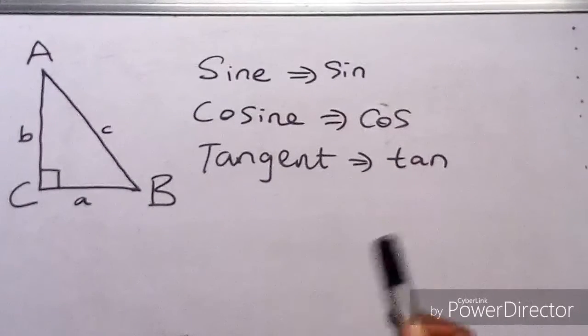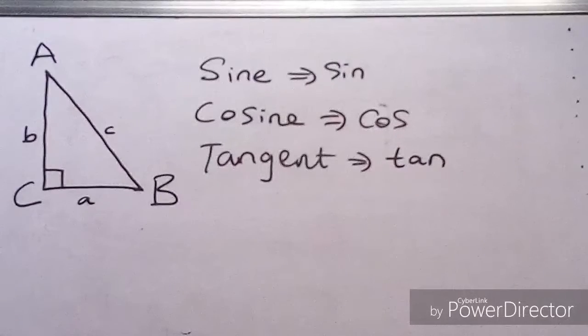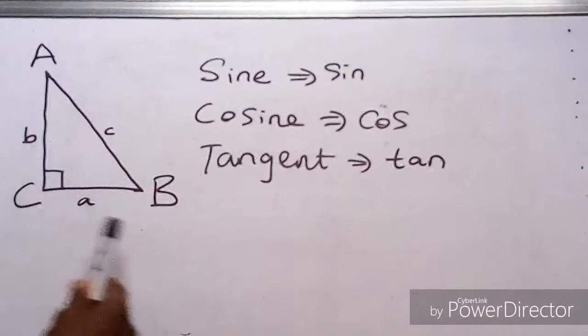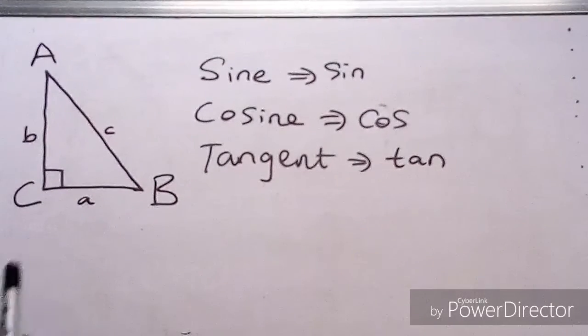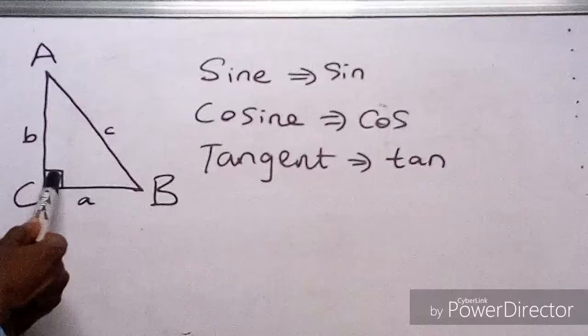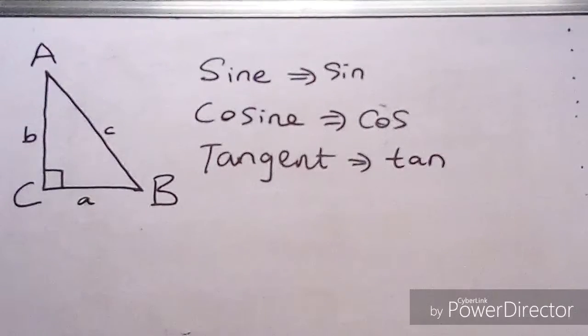Now, what is the relationship of these ratios in a right triangle? Let's look at the triangle once more. Now, this triangle has 3 sides with 3 angles inside, one of which is equal to 90 degrees. This right angle here is equal to 90 degrees.